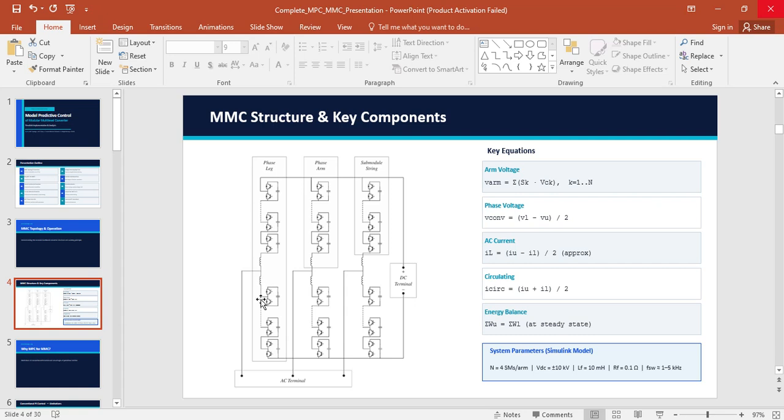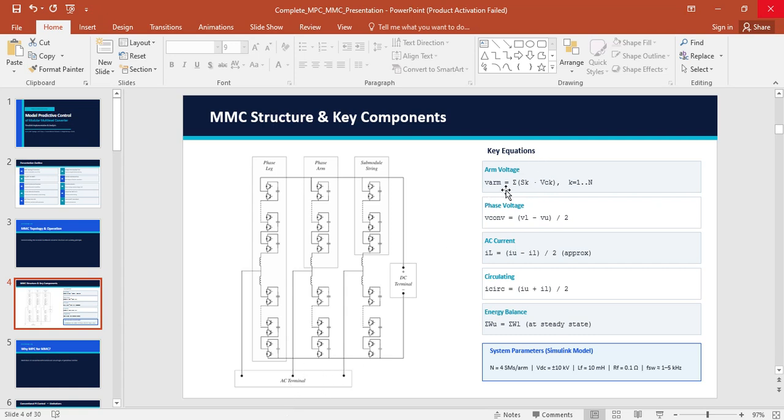It also suppresses some of the circulating current as well. So you need to carefully choose the size of this inductor, right? Besides this, we have a DC terminal and an AC output terminal, right?